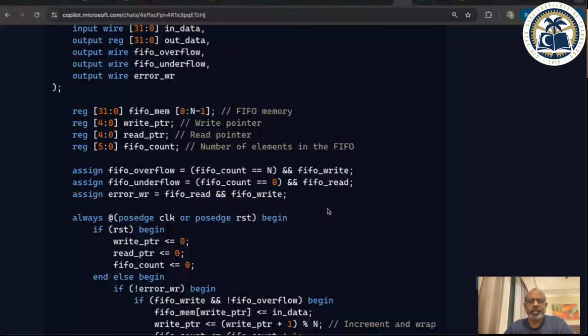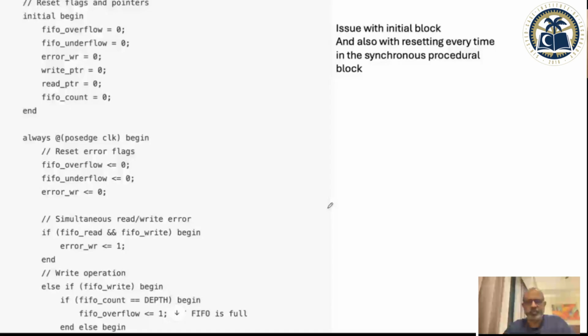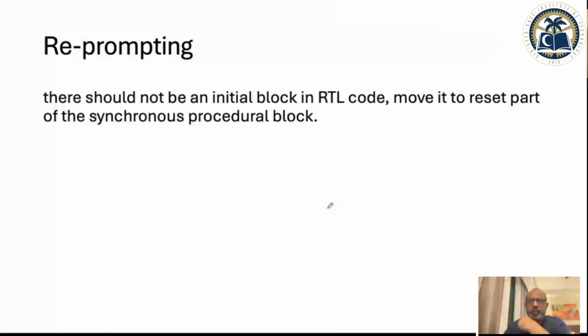What I want to demonstrate here is that you need to understand how Verilog works, only then can you prompt it to do this or that. There should not be an initial block in RTL code, move it to the, so it has done that.